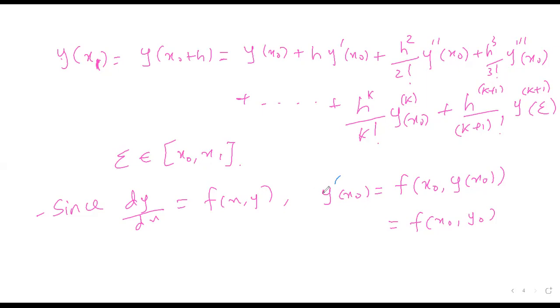Can anyone tell why it should be y dash? Then the y of x naught. Anyone answer me? Is that y of x naught or y dash x naught? Which is possible? Denoting y of x naught by y naught.